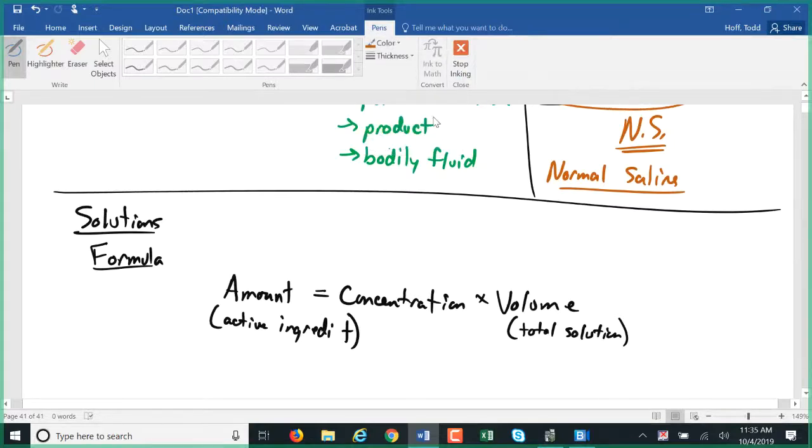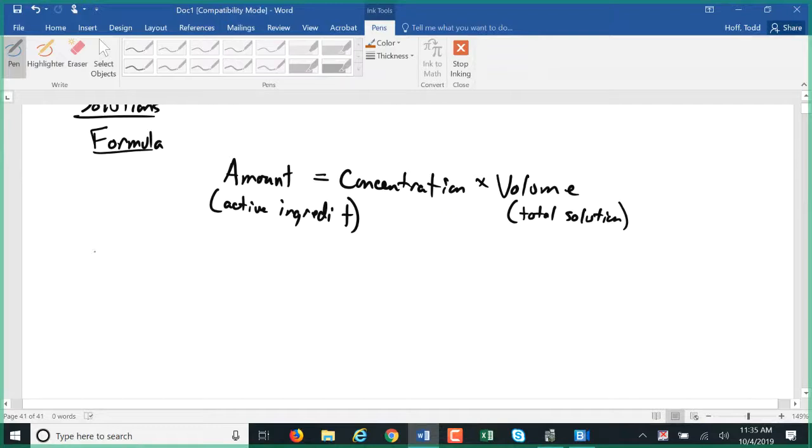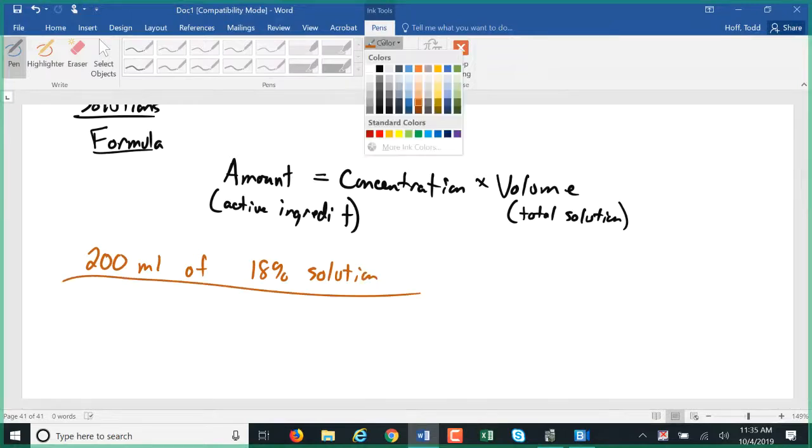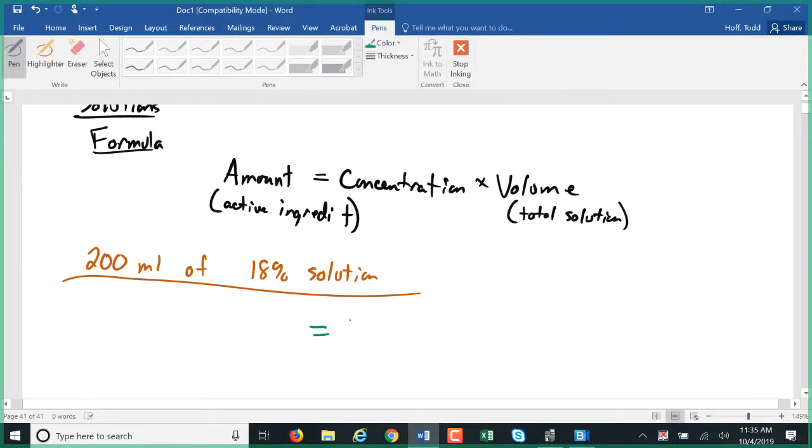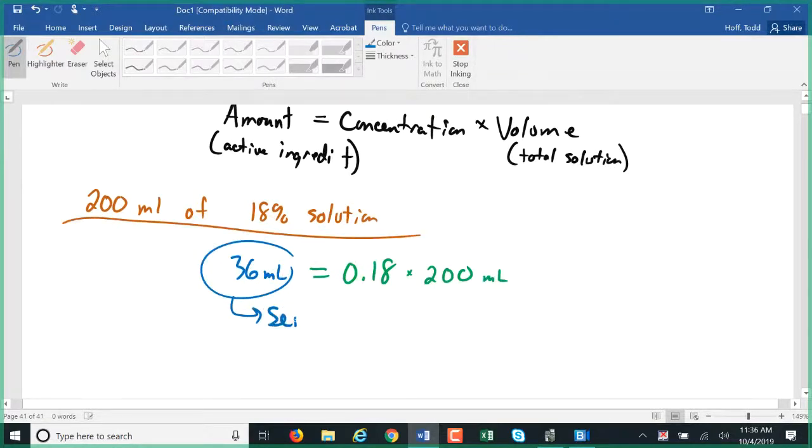So a simple review, if we had 200 milliliters of 18% solution, 0.18 times 200 milliliters gives us 36 milliliters of our serum.